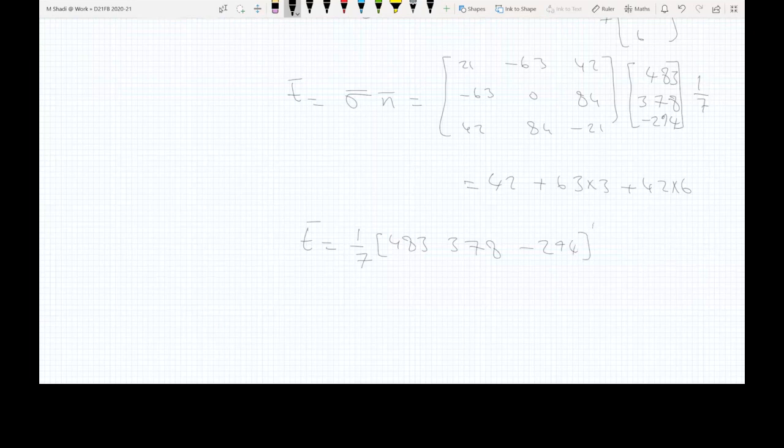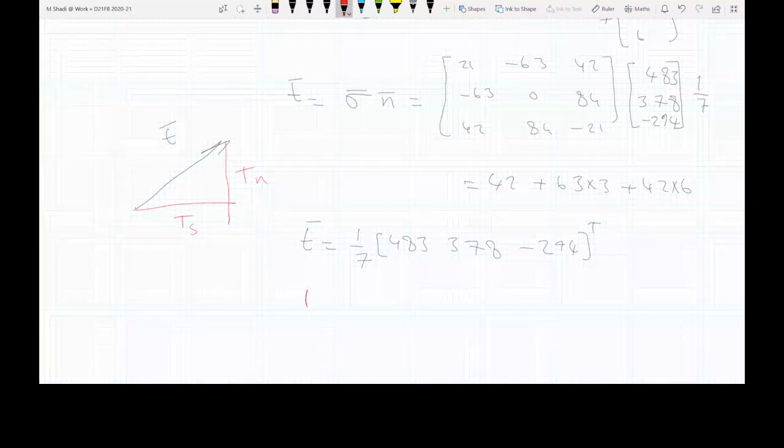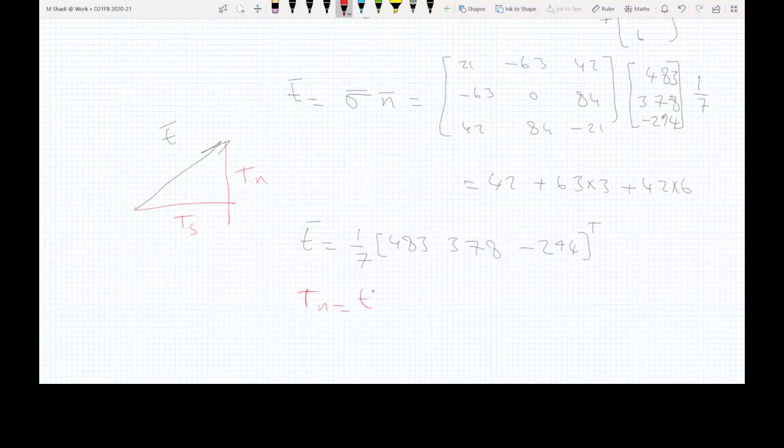So in order to find the shear component, let us assume that this is T. In order to find the normal component of that, I'm going to call it Tn, and this length here, I'm going to call it Ts. So to find Tn, you have to multiply T one more time with n.